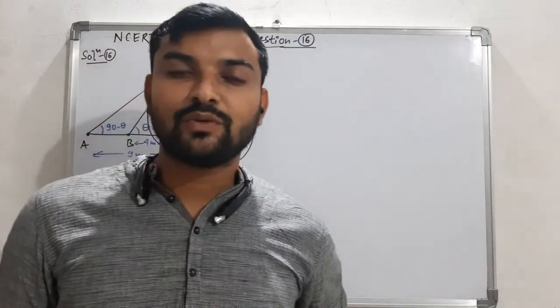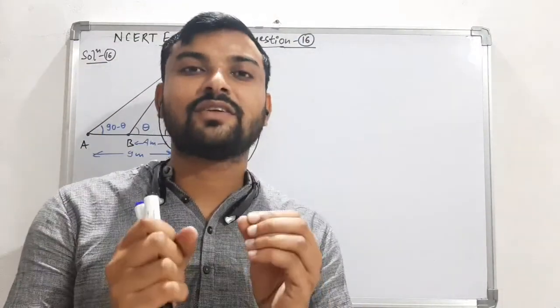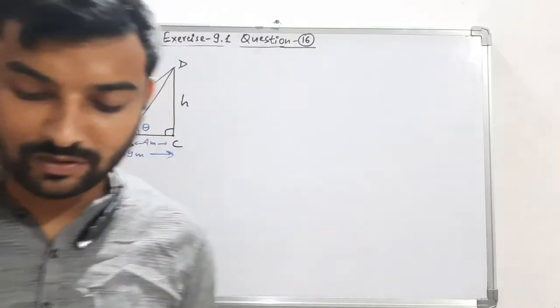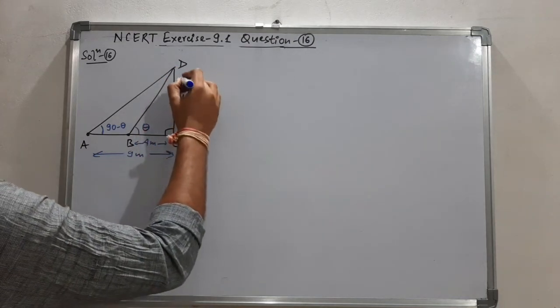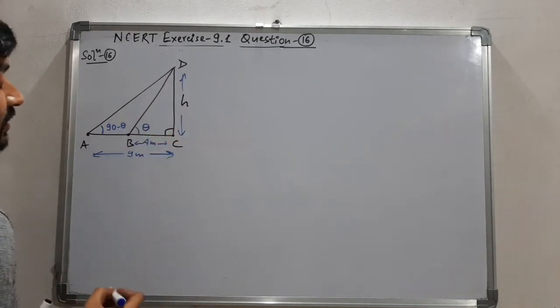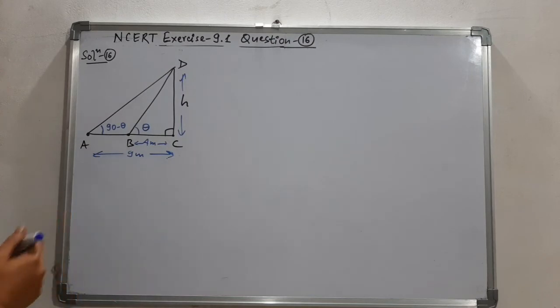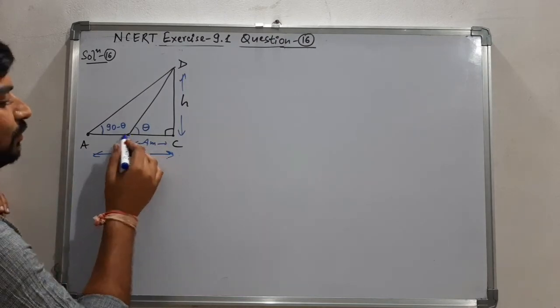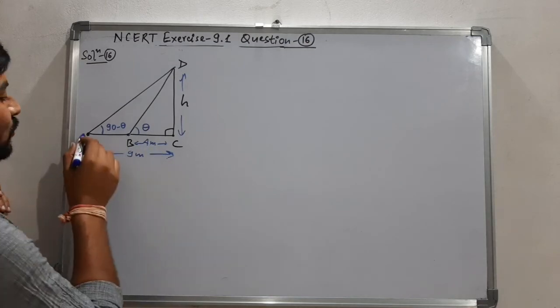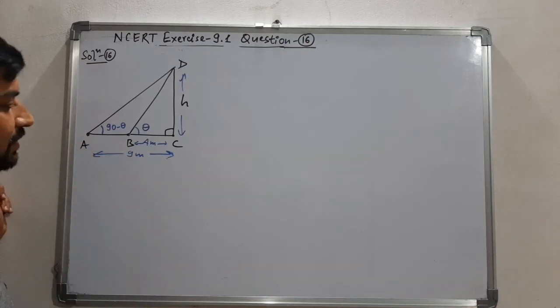So now let us come to the last end of this exercise and the chapter, that is question number 16. The question is, we have a tower DC, I assume its height as h. The distance of 2 points from its foot is 4 meters for point B, and for point A it is 9 meters.